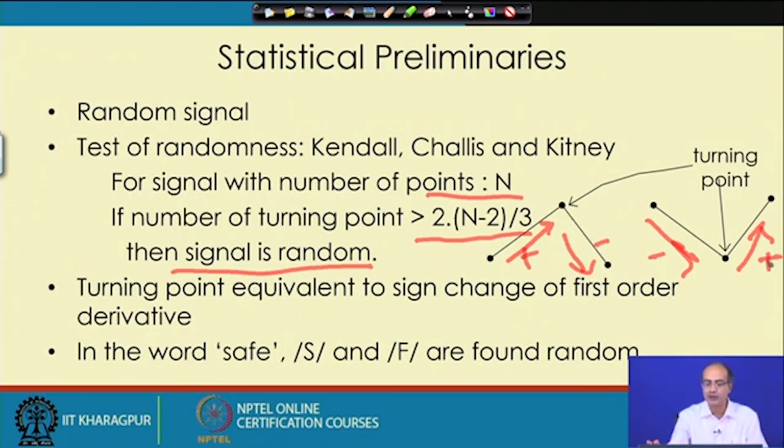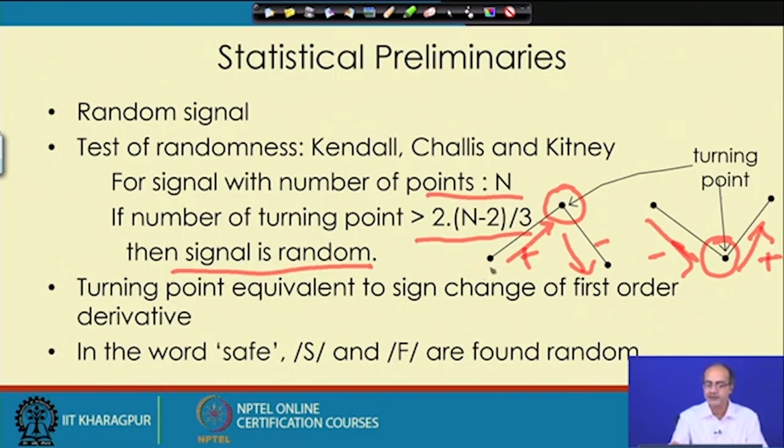So, if such changes are occurring, then we can say that this point is a turning point. So, at least 3 points are needed to create a turning point in a sequence. So, the total number of turning points could be n minus 2, and as per the definition, if more than 2/3 of those opportunities are really turning points, we call that a random signal.